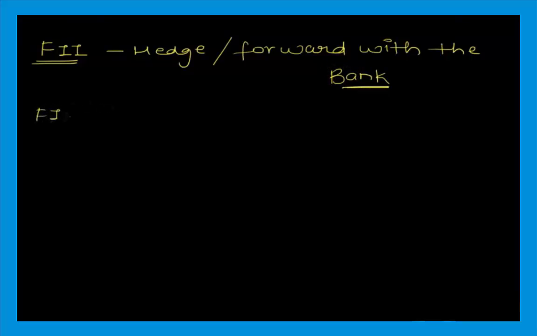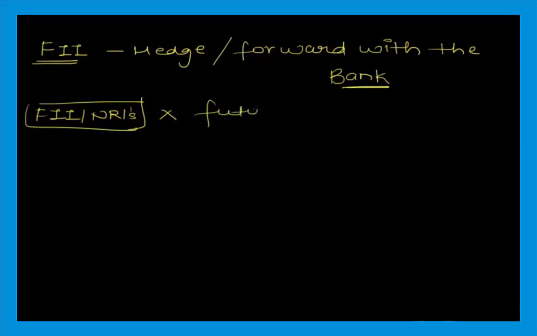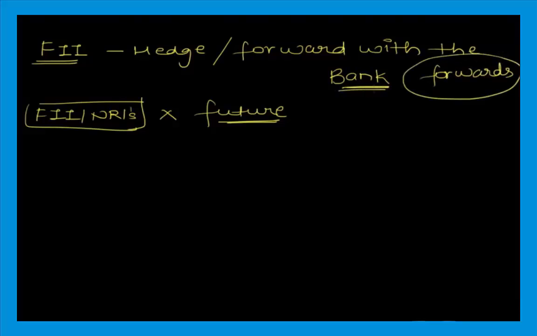Because FIIs or NRIs or anyone who is not an Indian resident is not allowed to trade in the futures market on our currency exchange. So if they want to hedge their position, they'll have to hedge only using the forwards market and probably with the bank because they are the biggest.